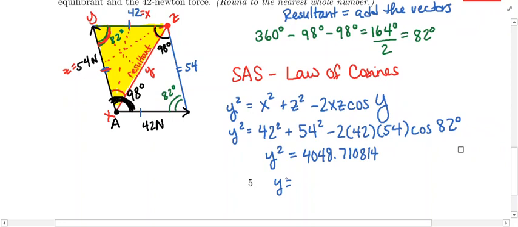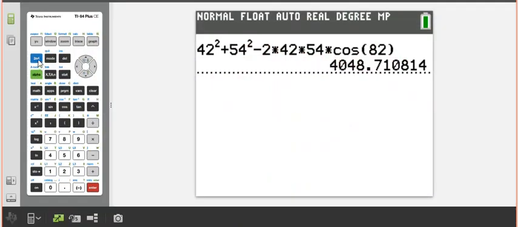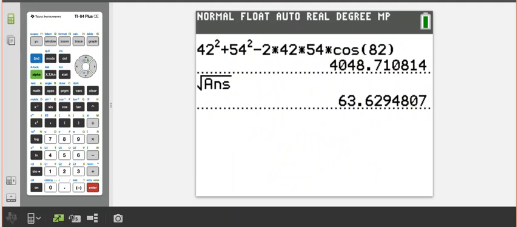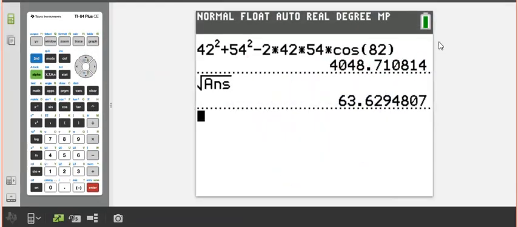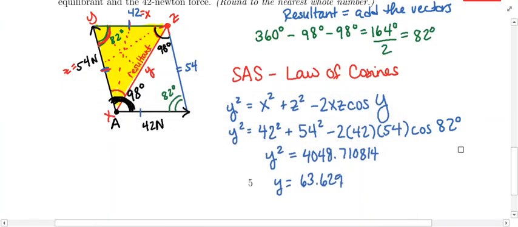Don't worry about the plus or minus, because we're finding a distance, and so we just need to go with the positive version here, because we're looking at magnitude, not direction. This is going to be 63.6294807. And that is the magnitude of the resultant force.